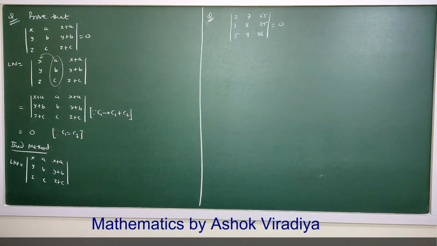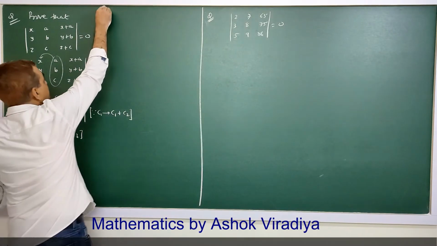Now look. Subtracting the second row from the third row, A, B, C will cancel, and then the first and third columns will be the same. That is the second way to prove its value is 0.